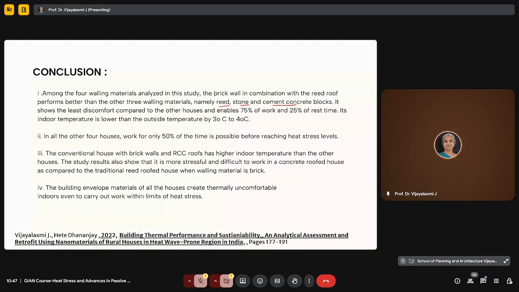Brick wall with reed roof performs best, and in that we can have 75% work and 25% rest time. Its indoor temperature is lower than the outdoor temperature by 3 to 4 degrees centigrade.